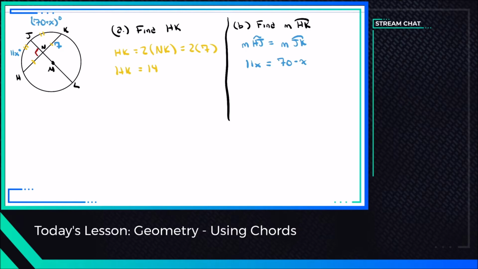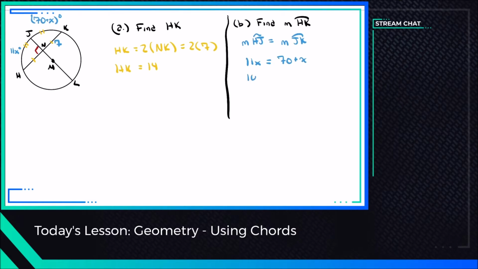We will go ahead and subtract our x. Oops, what am I doing here? Oh, I made a mistake. This is a plus sign right here, and I wrote down a minus, so we need to put a plus there. So we get 10x is equal to 70. Divide by 10, and we get x is equal to 7.